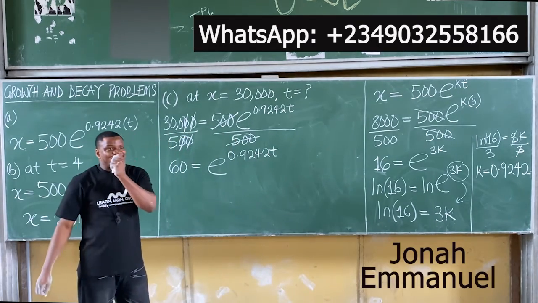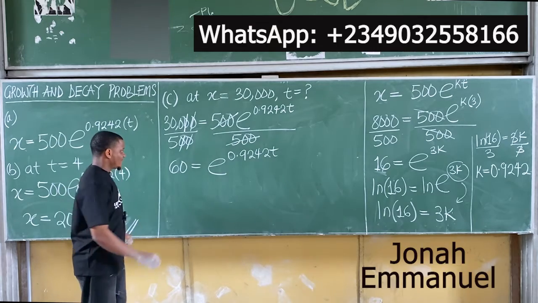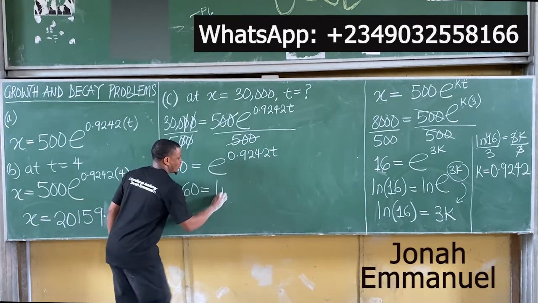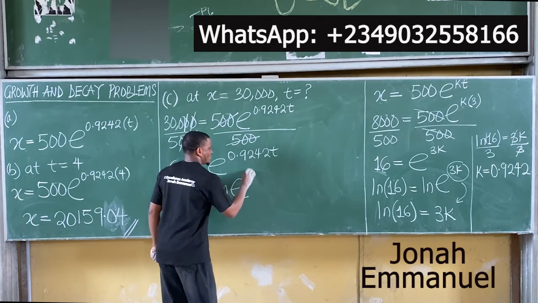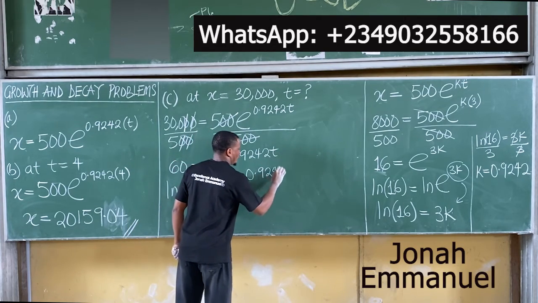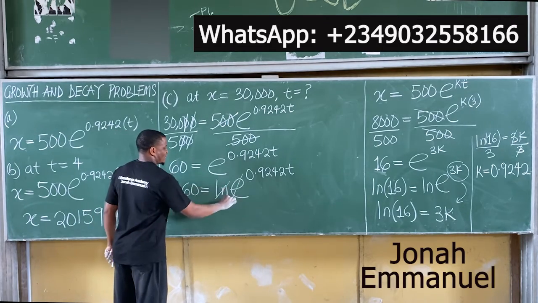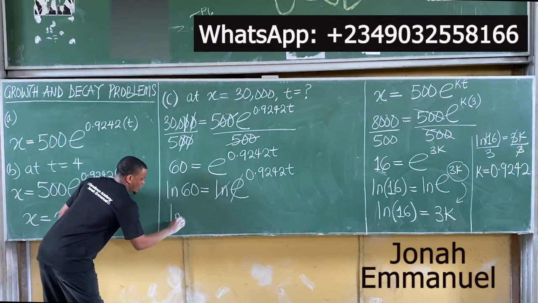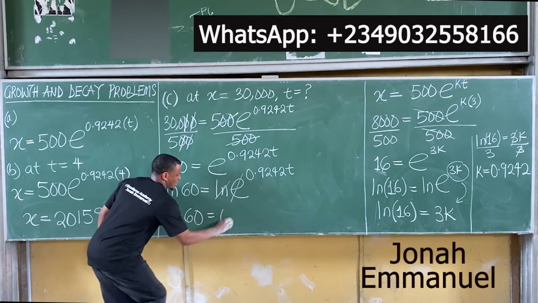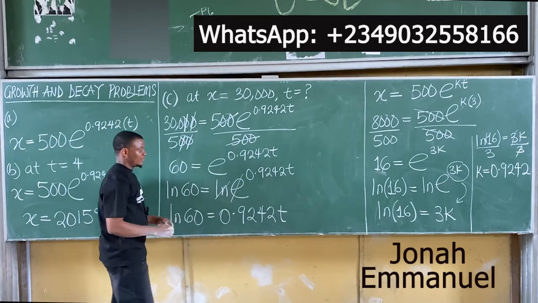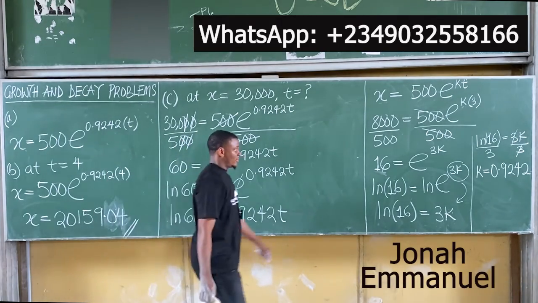I want to get the value of t. What do we do? Take ln of both sides. So ln of 60 is equal to ln of exponential 0.9242 t. From here, ln will cancel exponential, leaving you with this. So ln of 60 is equal to 0.9242 t. To get t now becomes a walkover.